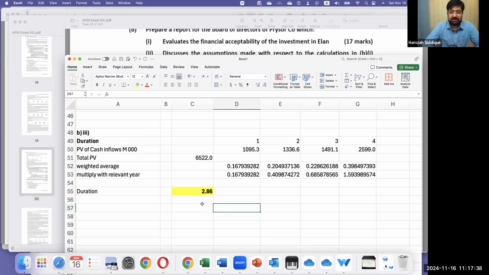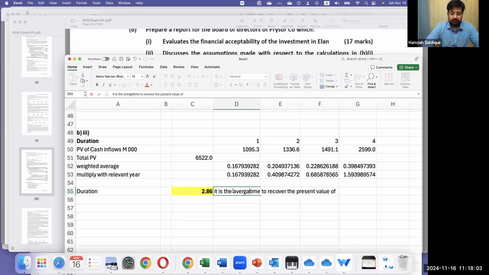So how to interpret it? It is the time to recover the present value of the project, this is the average time.